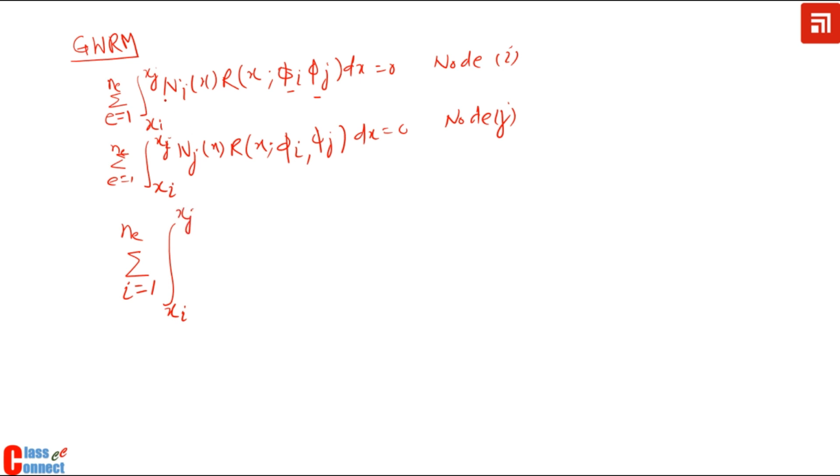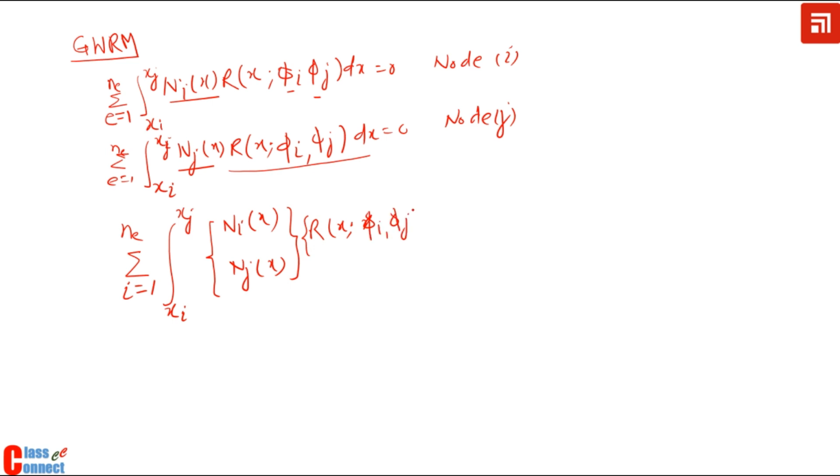I can write this equation Ni and Nj in matrix form. So this I can write as Ni(x) and Nj(x), and this is to be multiplied by, this is common in both the cases, R(x) of phi i and phi j, dx is equal to 0.